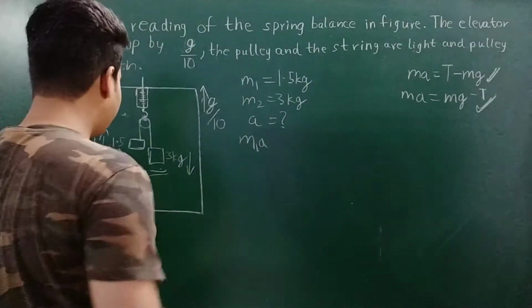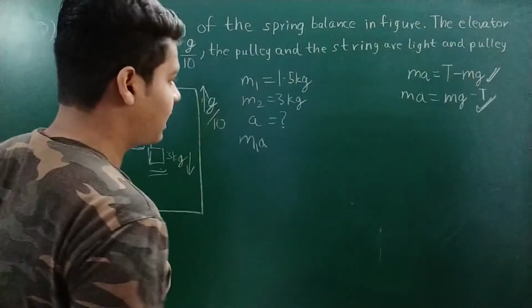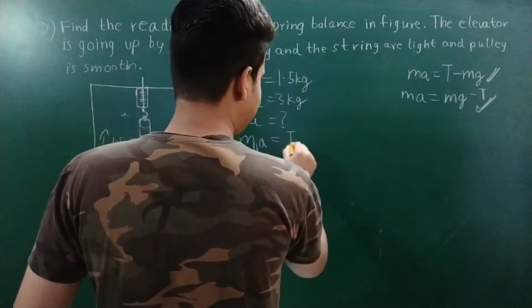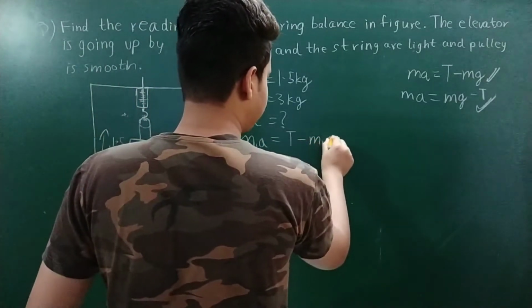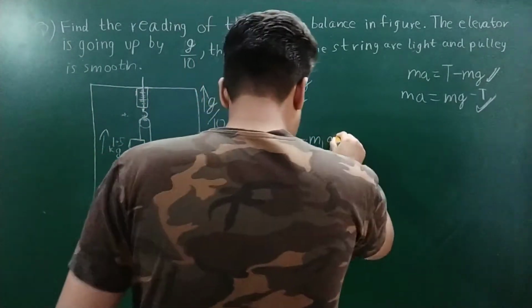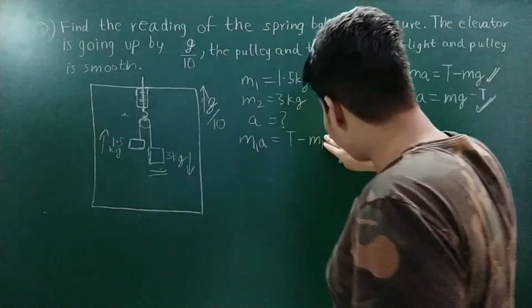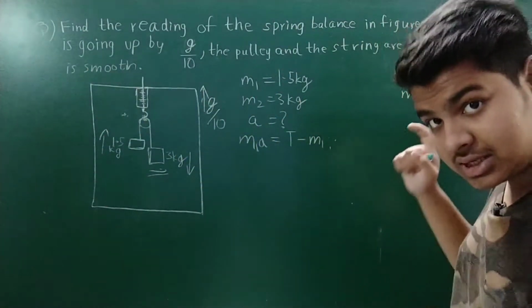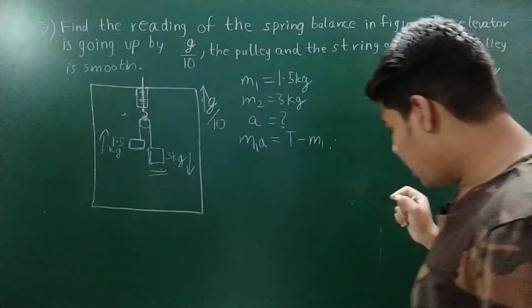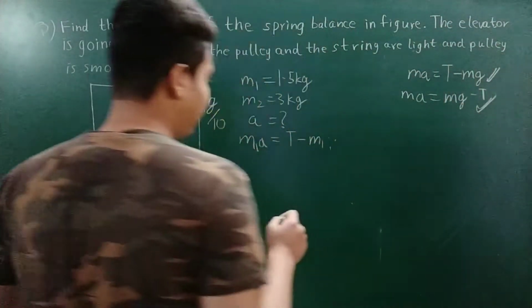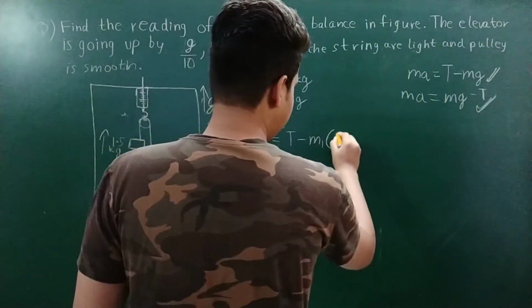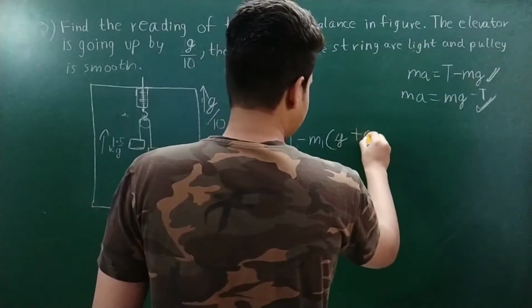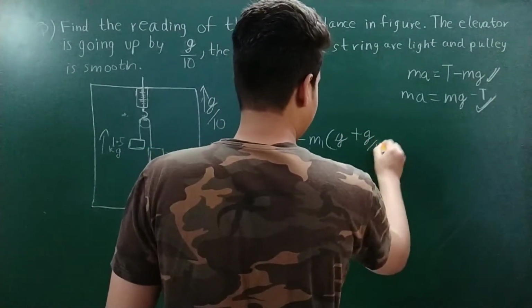So the formula for the 1.5 kg will be the first one, that is m1a equals T minus m1g. It will not be only m1g here. Yes, this is the thing that you have to keep in mind. It will not be only m1g, but it will be m1 times g plus g by 10.